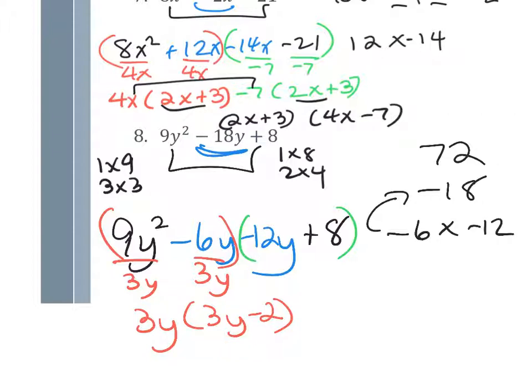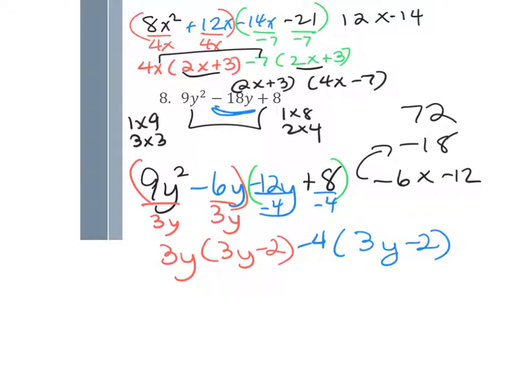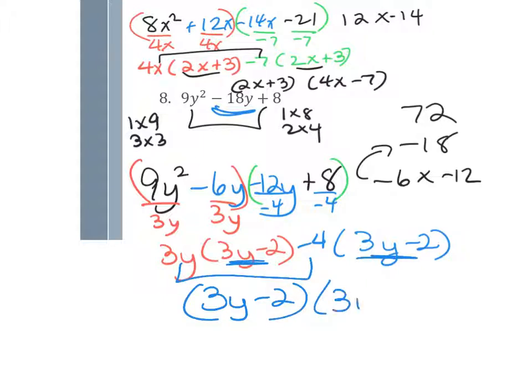If I pull out a positive 4, my signs are going to be off. So I'm going to pull out a negative 4. And then I'm left with 3y minus 2. So the answer here is going to be 3y minus 2, what you got in the parentheses, and then these two together, 3y minus 4.